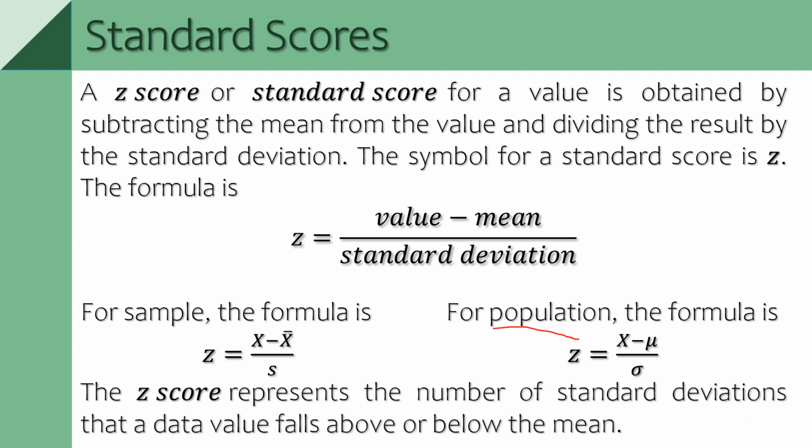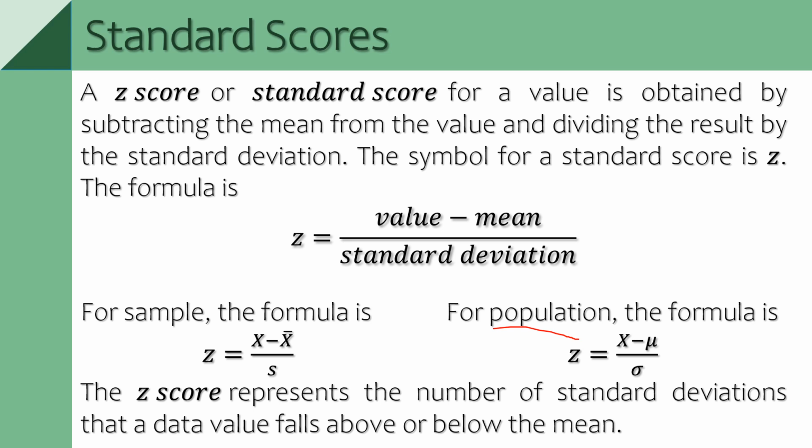This score represents the number of standard deviations that the data value falls above or below the mean. If you recall skewness, in a normal distribution the mean is the middle point, and even in data, we know that the mean is the middle. So the z-score identifies the location of your score, whether it is below the mean or above the mean.